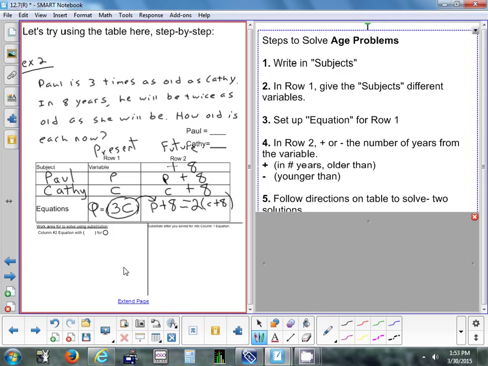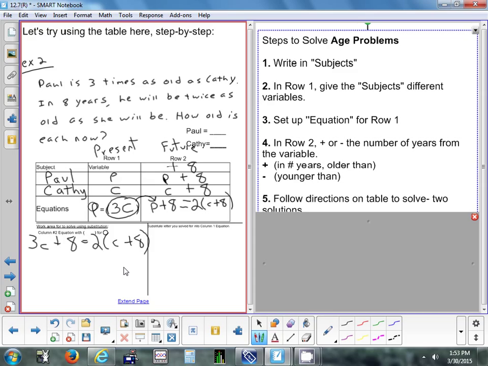So we're going to get 3C plus 8 equals 2C plus 8. All I did was, we know 3C represents P, and we just took it and plugged it in. That's all we did, because it just happened to be the first variable in that equation.